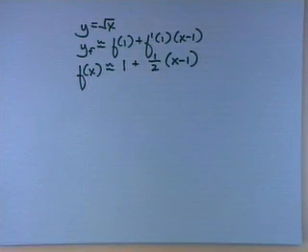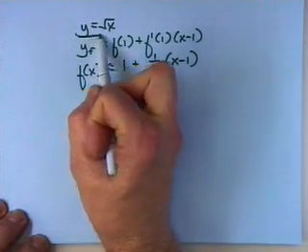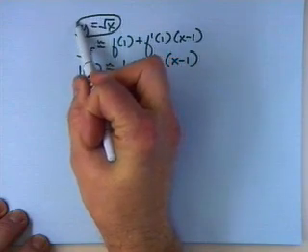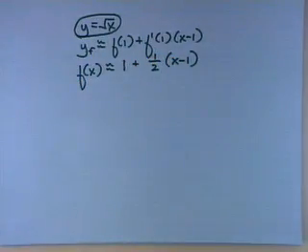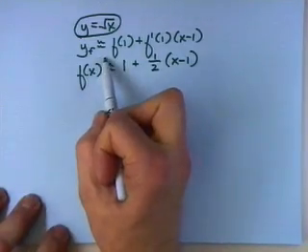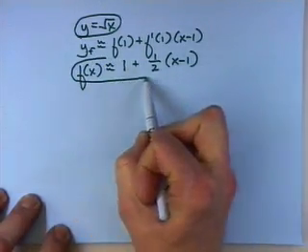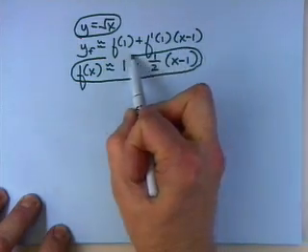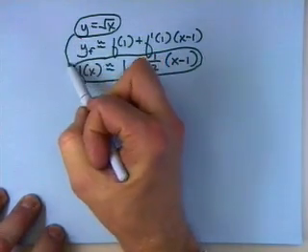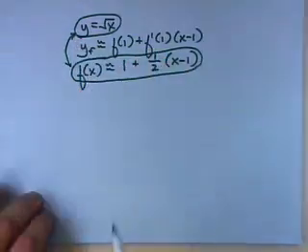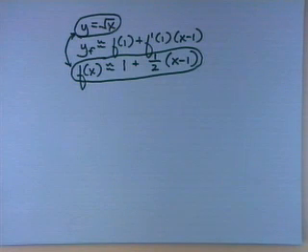Now that may not seem like a big deal to you, but I want to point out something that is in fact a big deal. Although it's not a super complicated function, square root of x is not a real simplistic function either. But instead of using a square root function, we're going to use a simple linear equation in place of it.